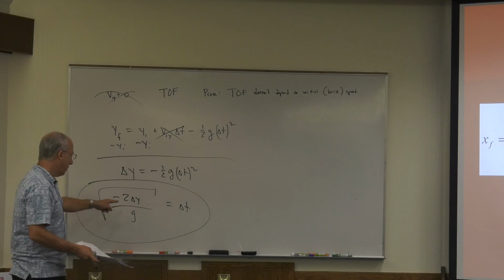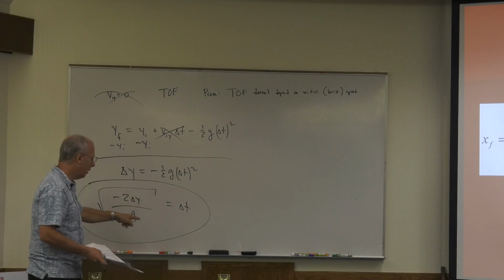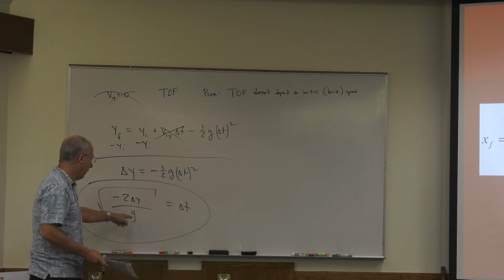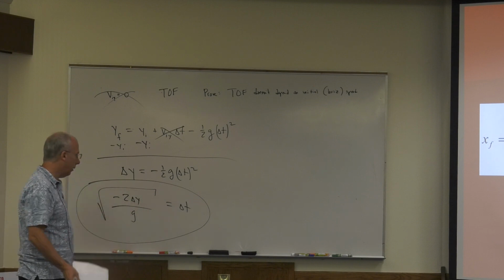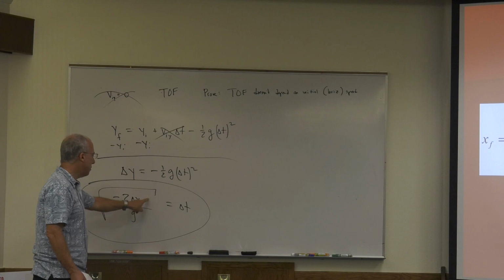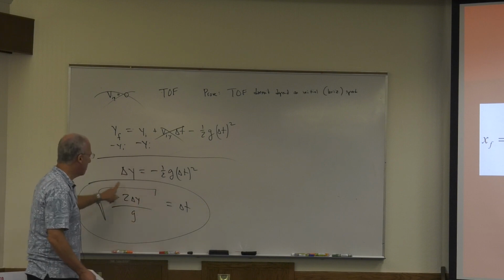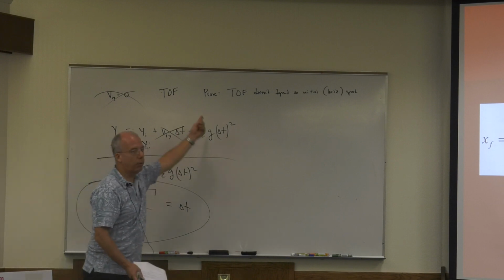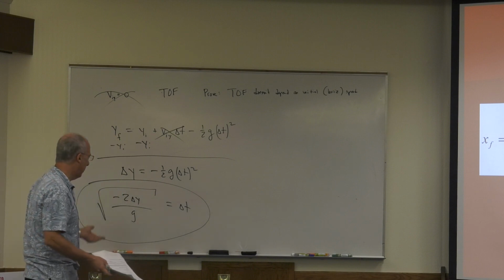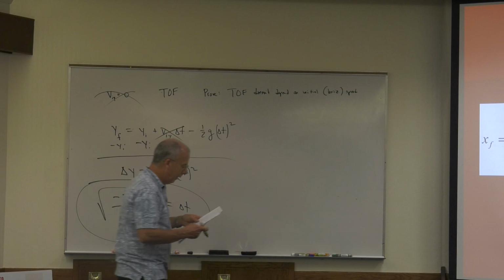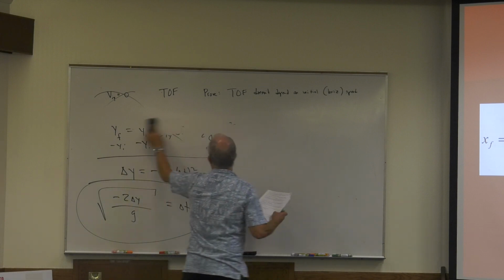The time of flight only depends on the height, delta y, and gravity, g. If we would have had a v0x in here, then we would say that the time does depend on the initial horizontal speed. But there's no horizontal speed in this equation, so we just proved it. That's what you're going to have to do in lab, something like that. That's called a proof.